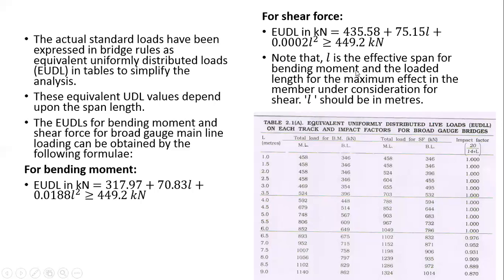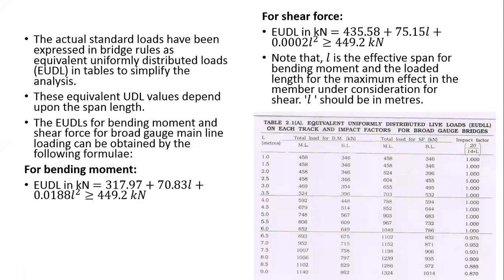Now L is the effective span for the bending moment, and the loaded length for the maximum effect in the member under consideration for shear. L is nothing but the loaded length for shear force. When you are calculating this for shear force, L is not the span but the loaded length.